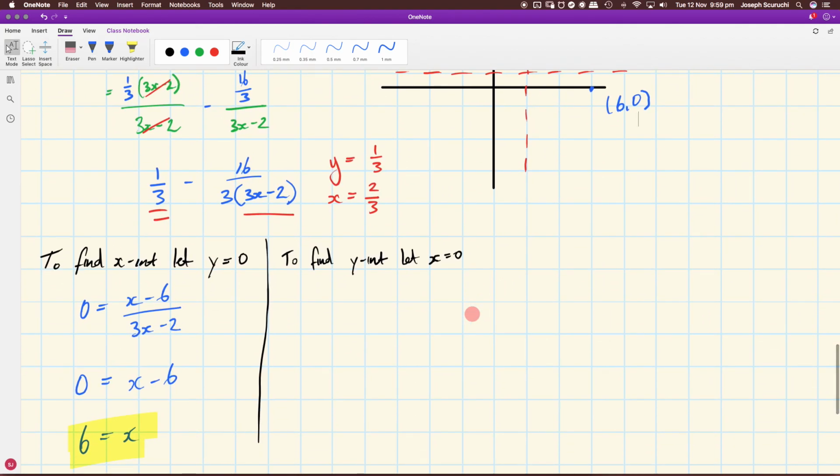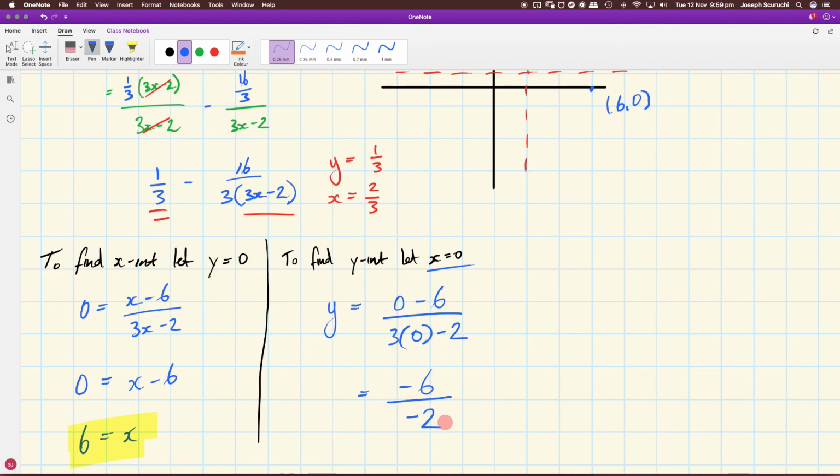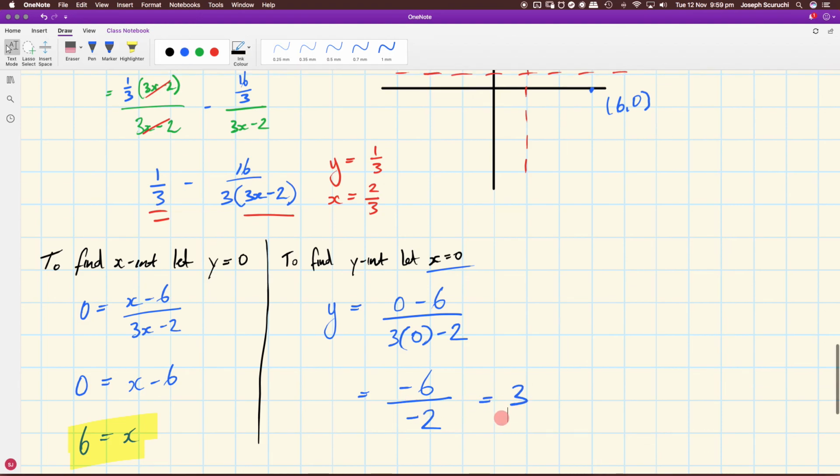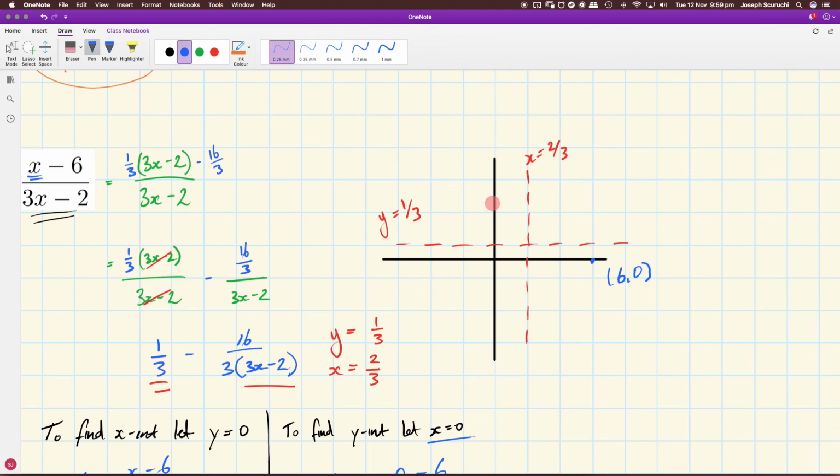I then come down here and I need to find my y-intercept. To do that, I'm going to let x equal 0. So I'm going to get y equals 0 minus 6 over 3 times 0 minus 2, minus 6 here, minus 2 there. My negatives go away. I'm left with 3. So that works perfectly.